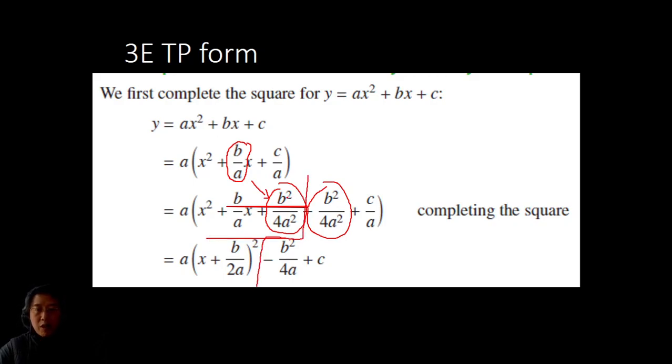What I am doing is creating a trinomial. That trinomial is a perfect square. And then what you would do is combine those two together, evaluate, to get that external constant.